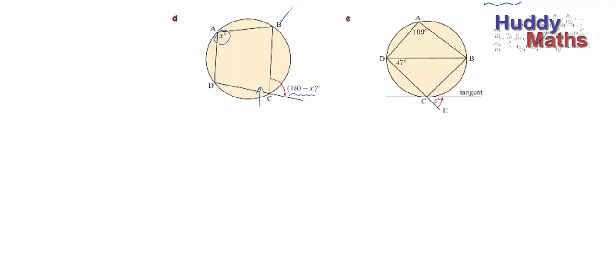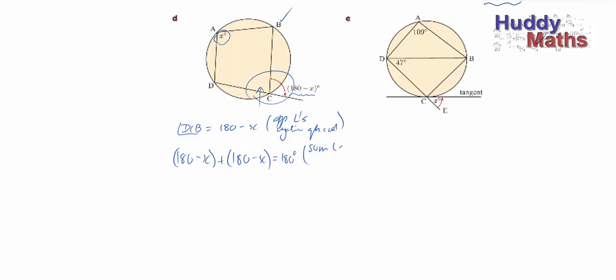And so if this quadrilateral is cyclic, there's a couple of ways of doing it. We can say here that this angle, angle DCB, equals 180 take x, opposite angles cyclic quadrilateral, cyclic quad, and then these two, 180 take x plus 180 take x must equal 180.